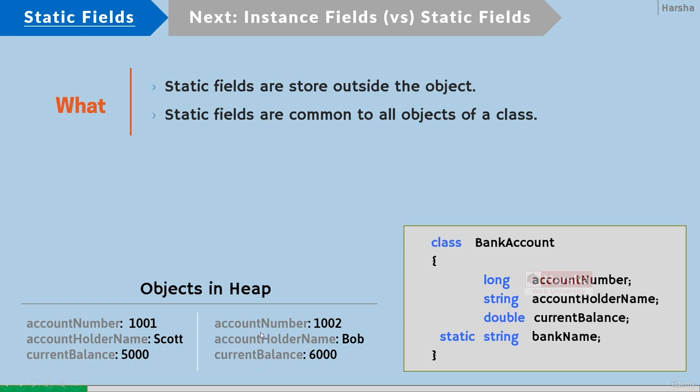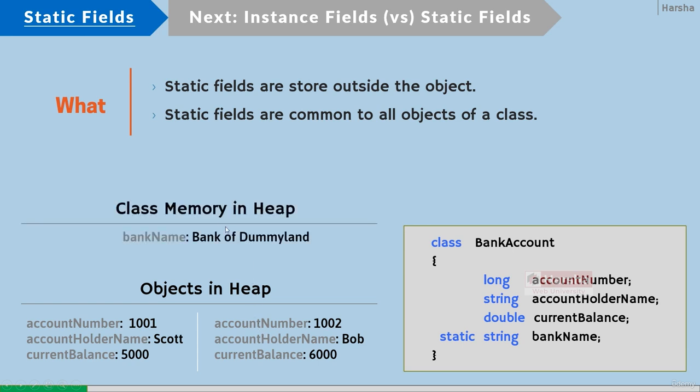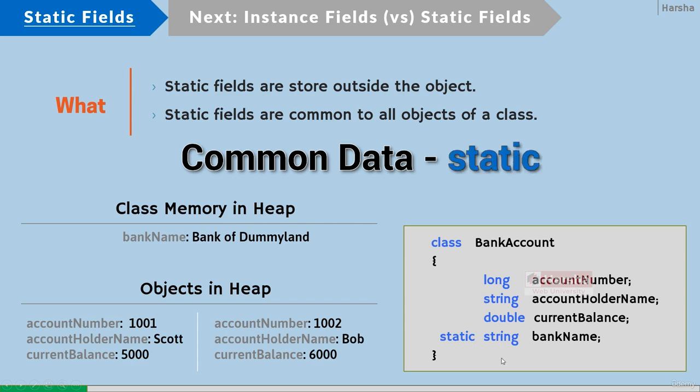But common to all objects of the same class, in the class memory in the heap, the value of static field will be stored. So this is common for all the objects. So overall, whenever you find out some data is common to all objects, then you require to use the static field.